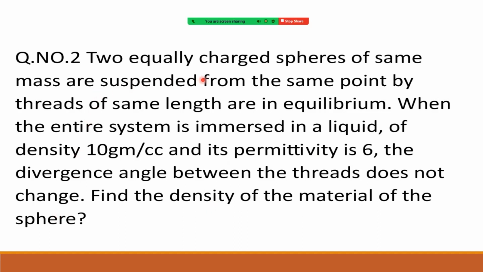The condition is equally charged spheres suspended from the same point by threads of the same length, in equilibrium. So the density of liquid is 10 gram per cc, the dielectric constant is 6, and we have to find the density of the material of the sphere.